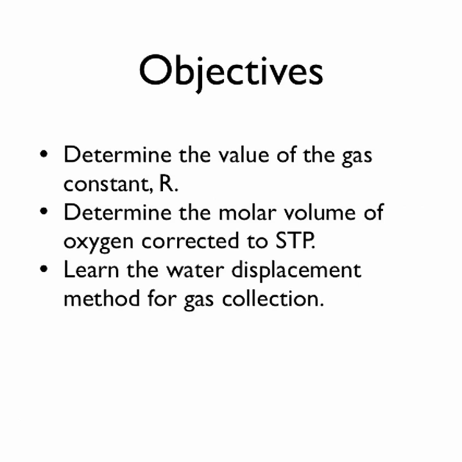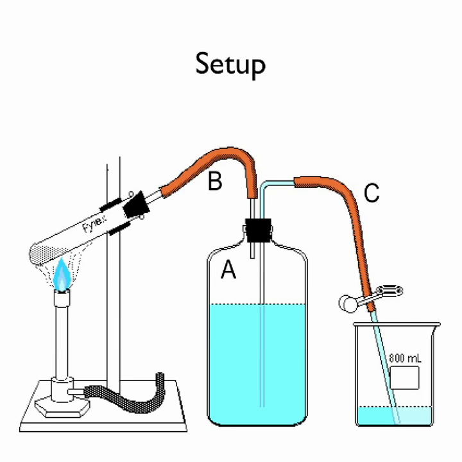And now for our setup, our gas collection system will look like the one on this screen. Remember that the water level in bottle A should be just below the bottom of tube B. To fill tube C, place a disposable rubber mouthpiece over the tube that goes into the ignition tube. Remove the pinch clamp between bottle A and the 500 milliliter beaker and blow into the tube until water fills the entire length.